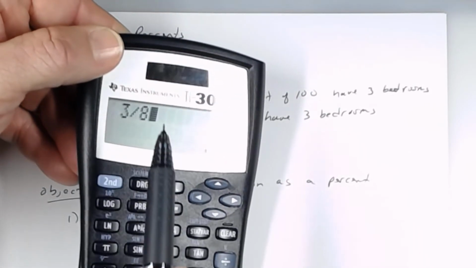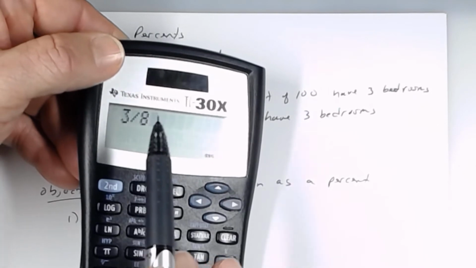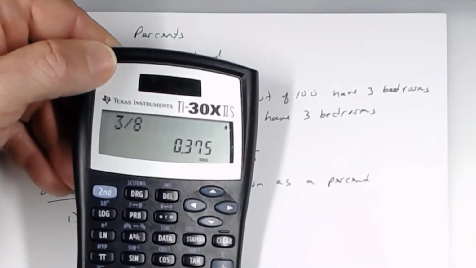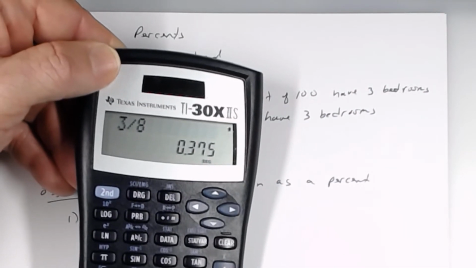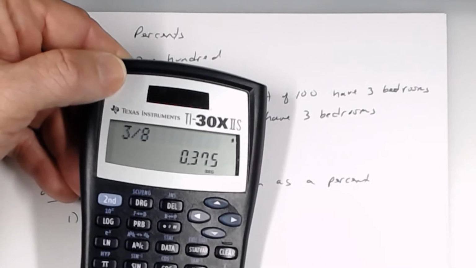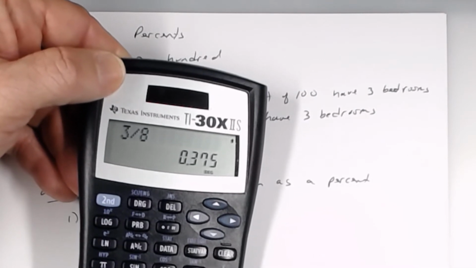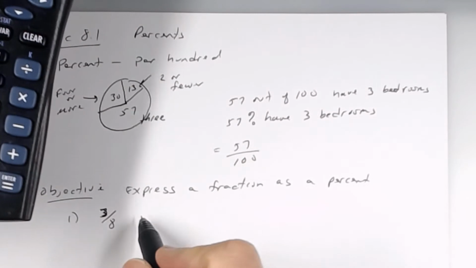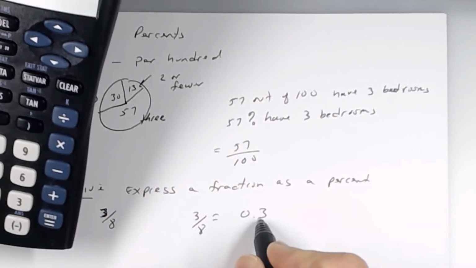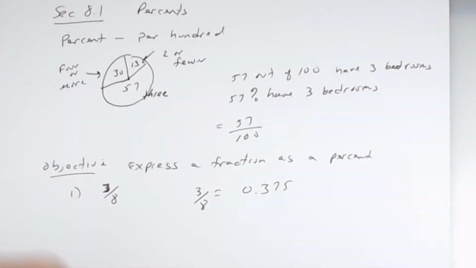You say that first. Then I press equal. When I press equal, I get this. You see this decimal? Okay? All right, so right now, 3/8 represents what decimal? Yeah, 0.375, right? That's what that represents.